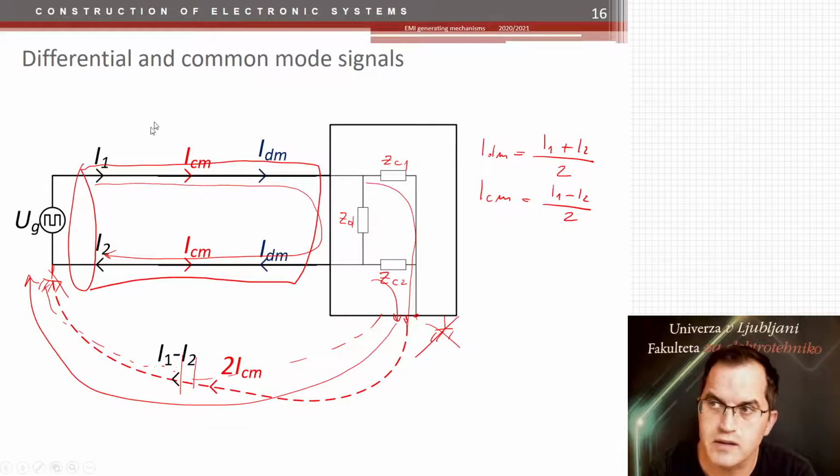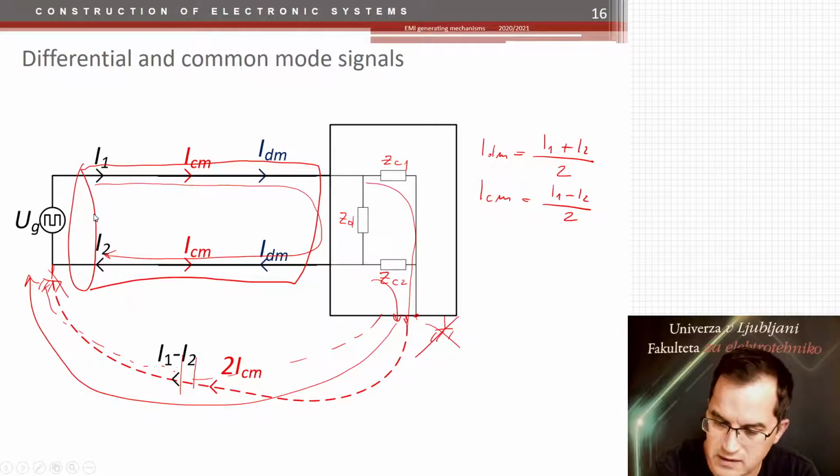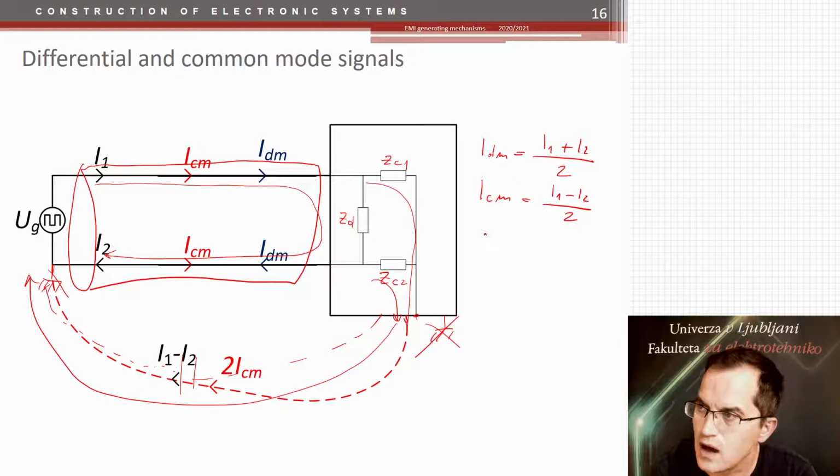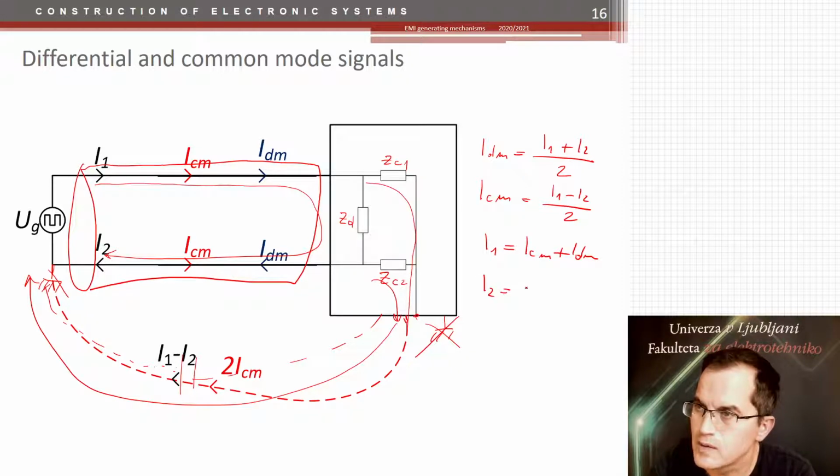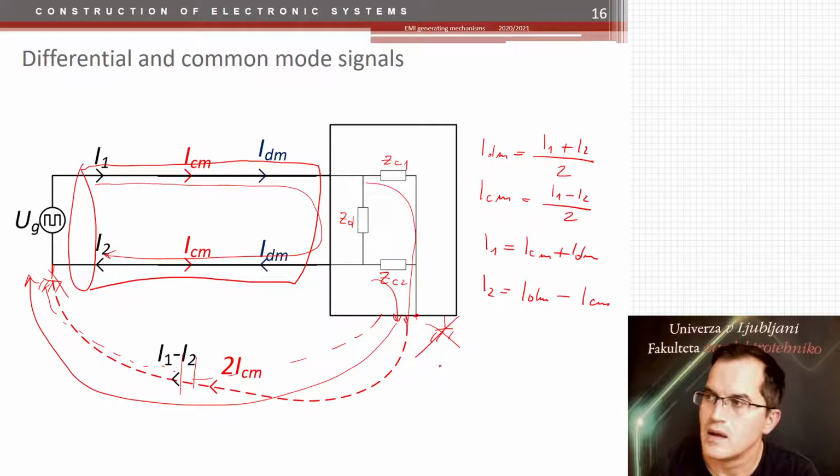These two then represent the whole of I1 and I2. So I1 equals common mode plus differential mode, as you see here, running in the same direction. And I2 is equal to IDM minus ICM. That's actually what was calculated here. So let's go now into some examples.